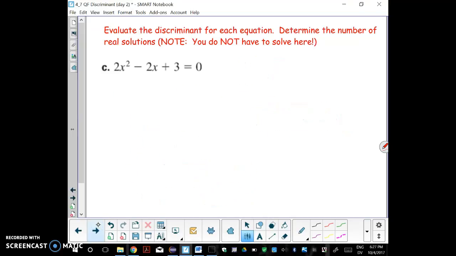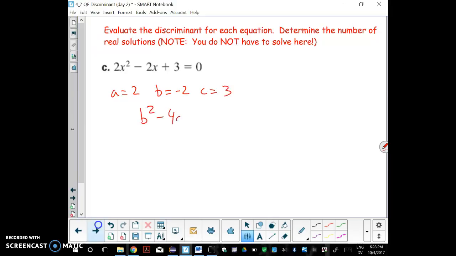Okay, last one. Try it out, and then I'll go over it with you. All right, here we go. This one I'm guessing is no solutions case, but let's find out. A is 2, B is -2, C is 3.